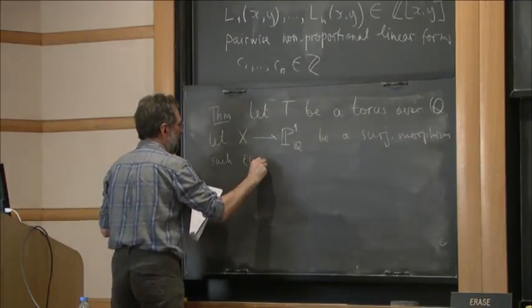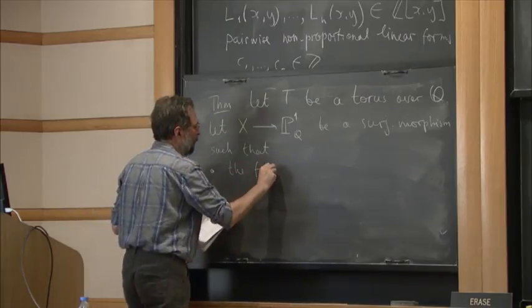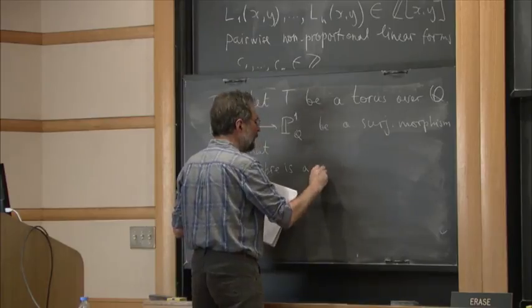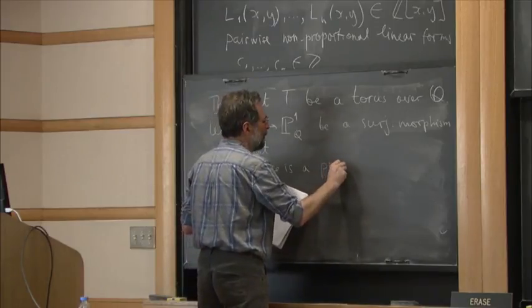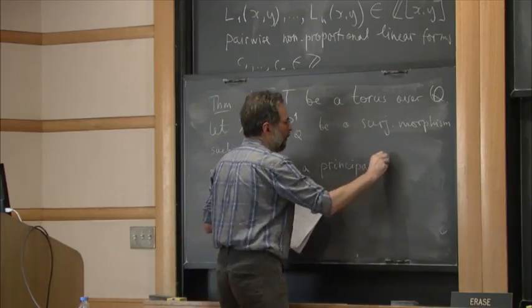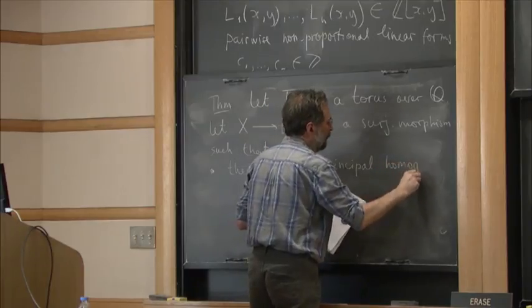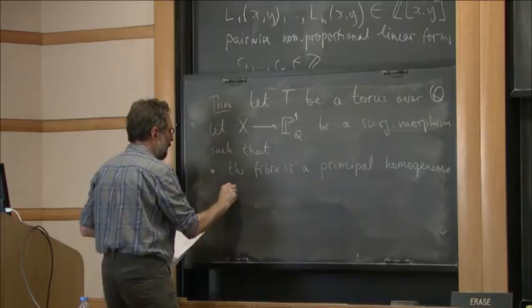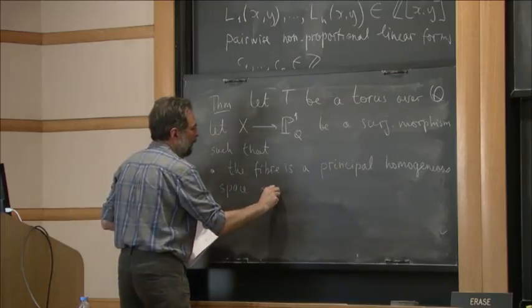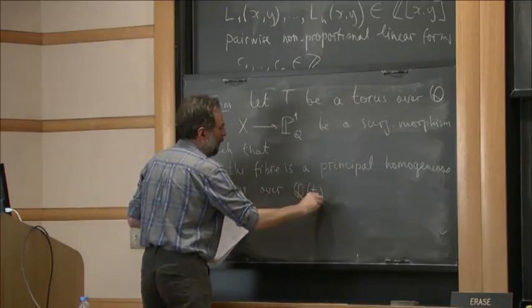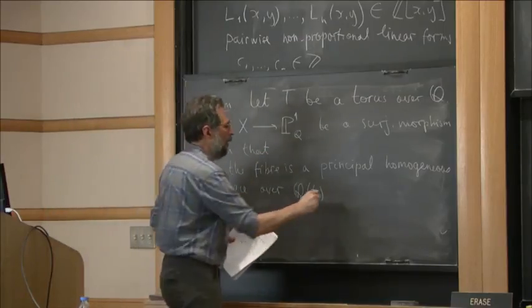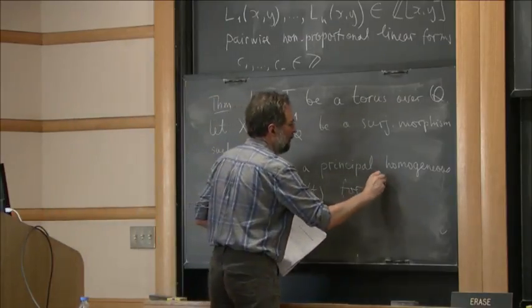First, the generic fiber is a principal homogeneous space of the field of rational functions in one variable for the torus T.